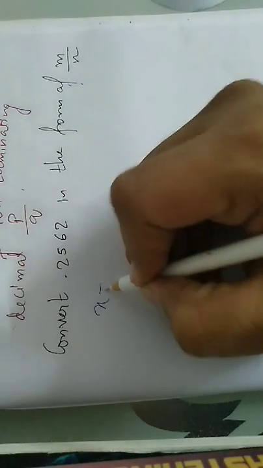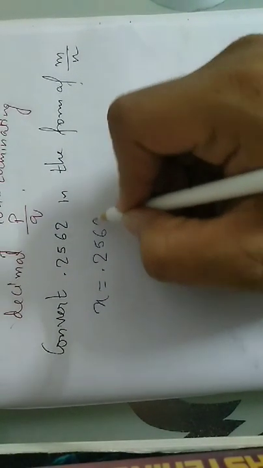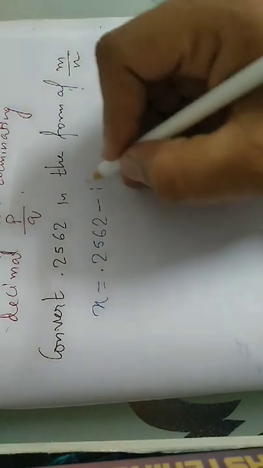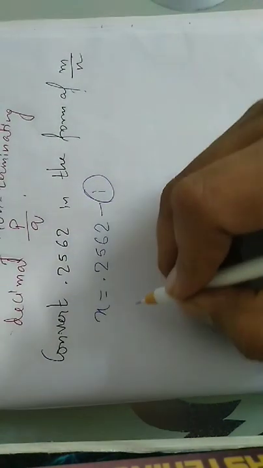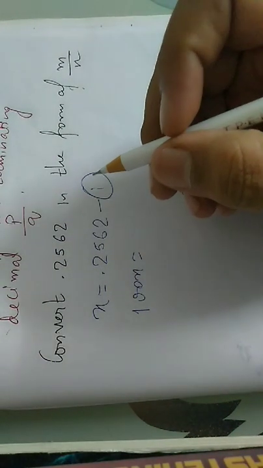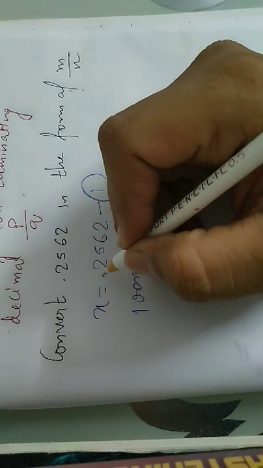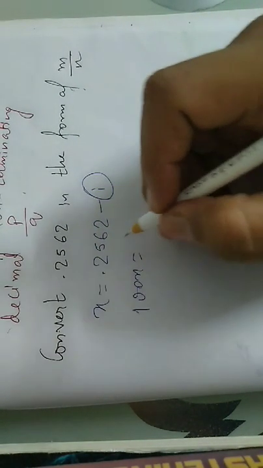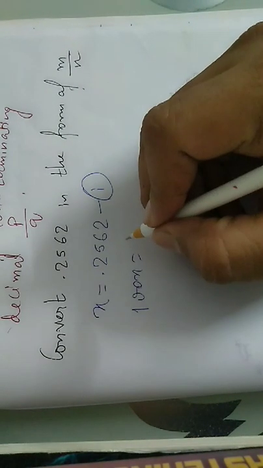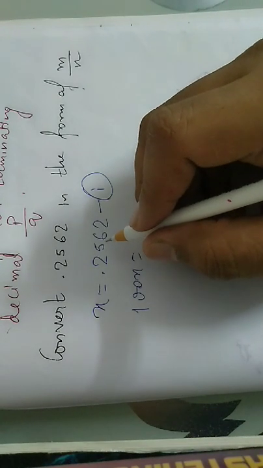The same old process which we have done over here. You just need to take x is equal to 0.2562. Let's make it equation number 1. The next equation is 100x is equal to 25.62. The decimal will be shifted, and for that 100 will come.